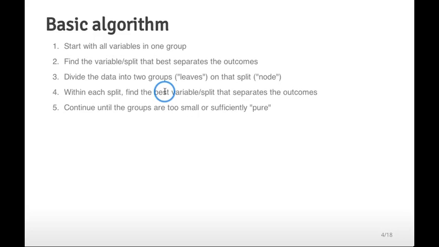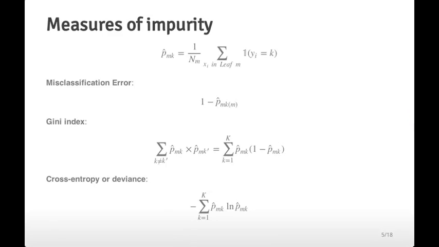Then in group one of the data, once you've done that first split, you look and see if there's a split to be made within that group. Then you go and look at group two from the first split and see if there's a split to be made in that group. You continue until all of the groups are too small or sufficiently pure by your standards of purity or impurity. So here are some examples of measures of impurity. You don't have to be too intimidated by math. I'll try to explain in intuitive terms what these mean.